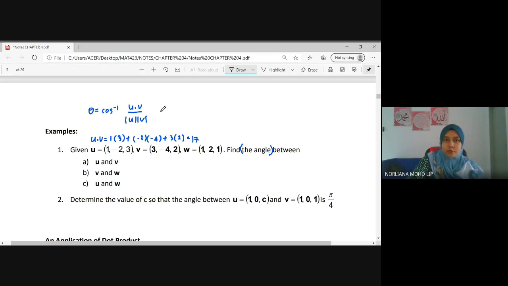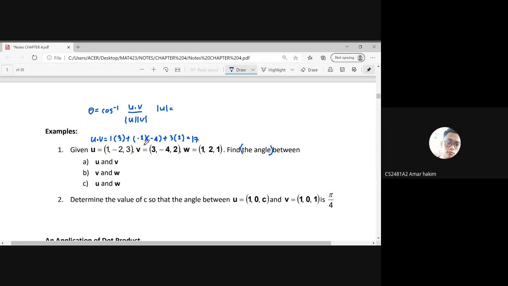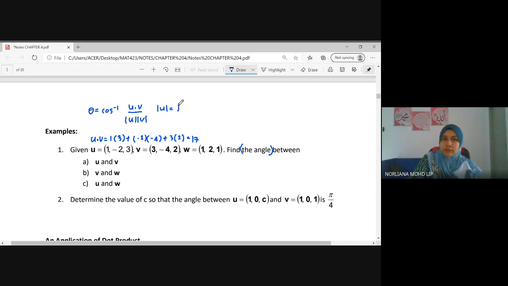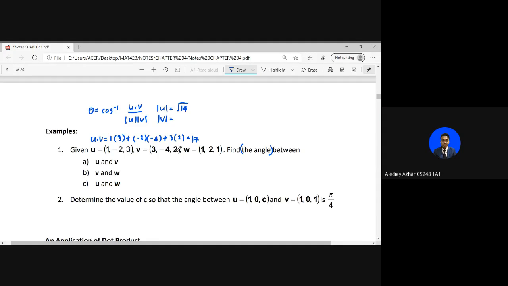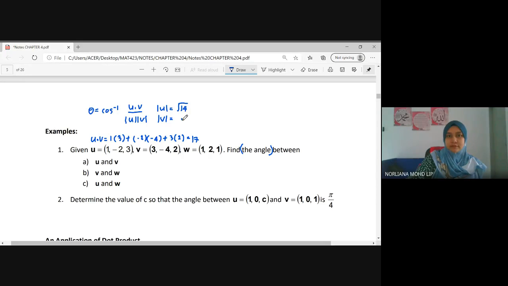Okay, and then the magnitude of U. Find this magnitude of U. Square root 14. And the magnitude of V. Square root 29.